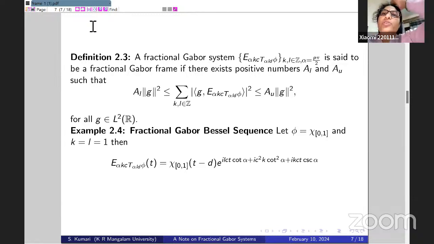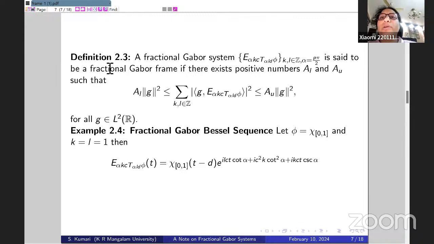In the next definition, a fractional Gabor system E_{αKc} and T_{αLd} of φ, where K and L are integers and α is taken as pπ/2, is said to be a fractional Gabor frame if there exist positive numbers A_L and A_U, the two bounds of this fractional Gabor system.